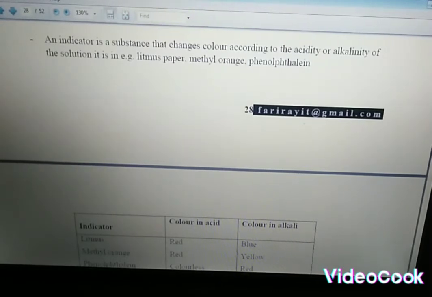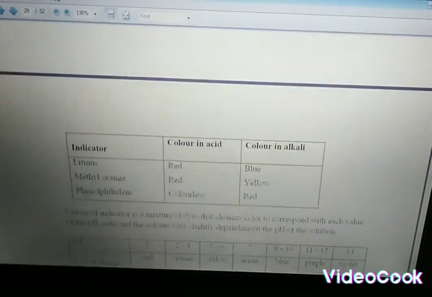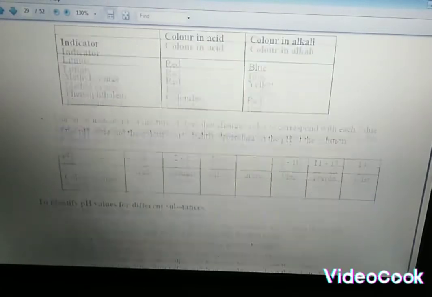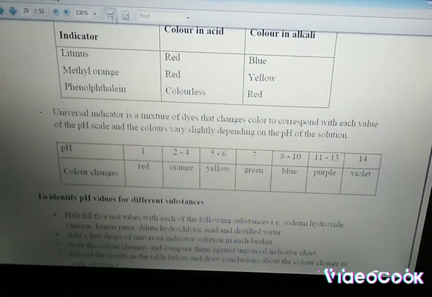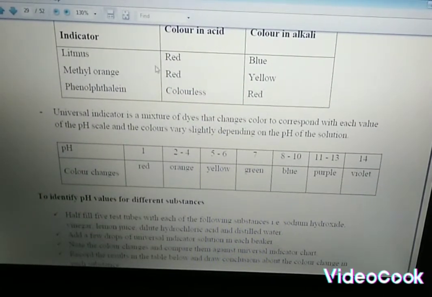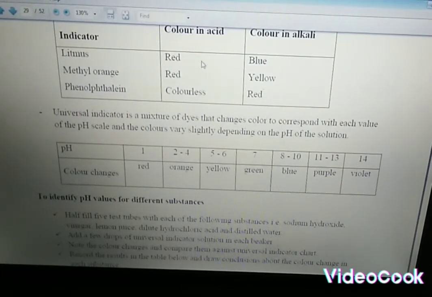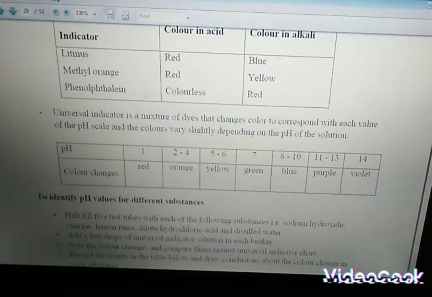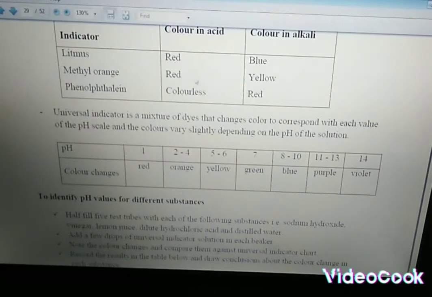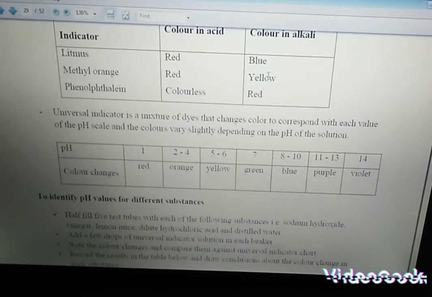You need to know that when we put a red litmus paper in an acid, what color does it become? When you put a blue litmus paper, what happens to it, right? Litmus paper is red in acid, take note of that, and it is blue in alkali solution. Methyl orange is also red in acid but yellow in alkali, right?